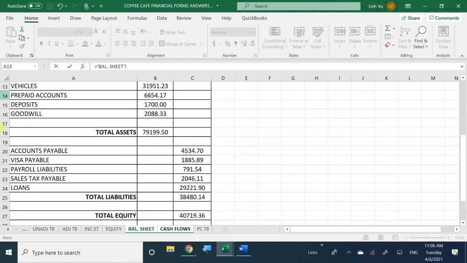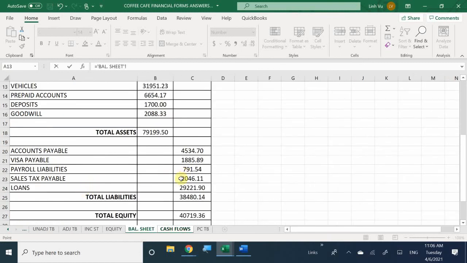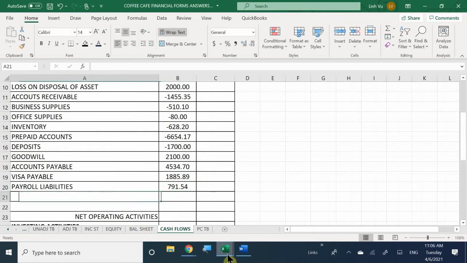So the next thing that we have here is sales tax and payroll liabilities. Did I pay the government yet? No, not yet. You didn't pay for having employees yet. Same thing with sales tax payable. Did I pay the state and local agencies their sales tax yet?